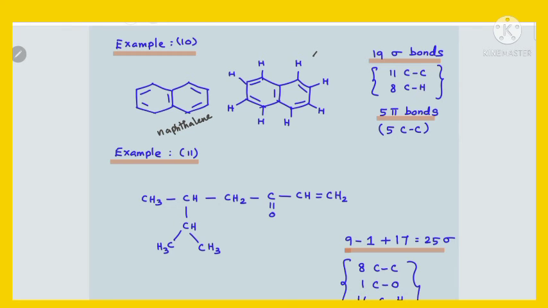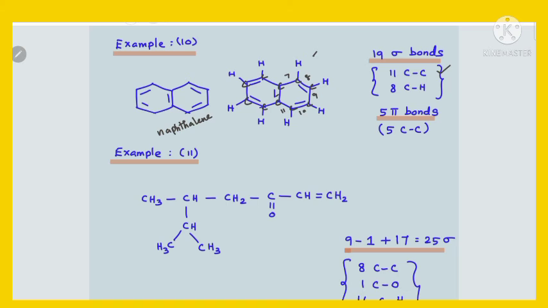Now the sigma bonds. See, these are carbon atoms. In this ring itself there are 6 carbon-carbon sigma bonds, along with this 7th one, 8th one, 9th one, 10th one, 11th one. So totally there are 11 carbon-carbon sigma bonds.